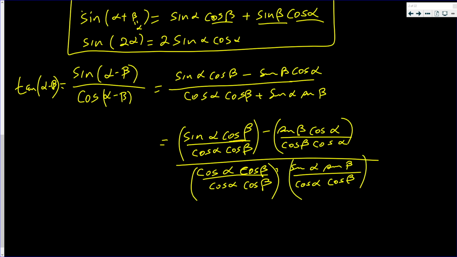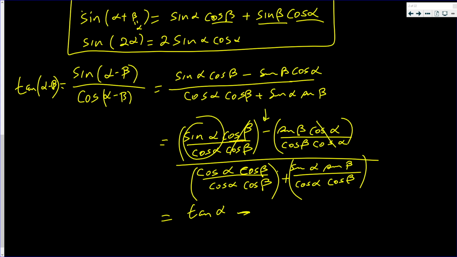Let's make it crystal clear that there's a plus in the middle here. Now, on the first fraction, this cancels out, and you're left with tangent alpha minus from there.